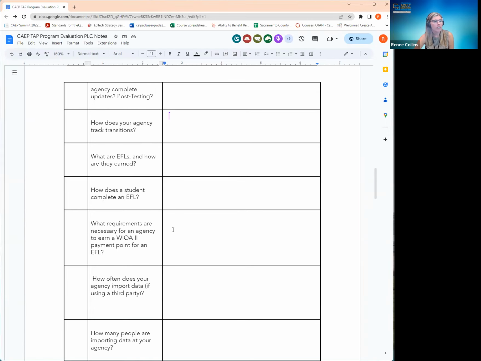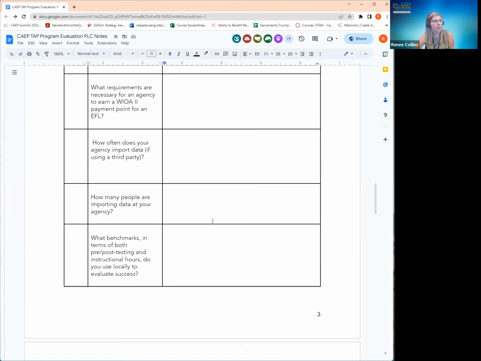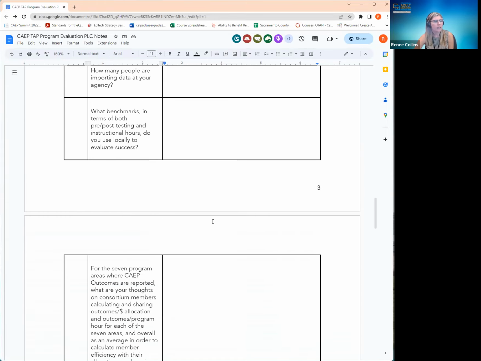How often does your agency import data if using a third-party vendor? How many people are importing data at your agency? What benchmarks in terms of both pre and post testing and instructional hours do you use locally to evaluate success?